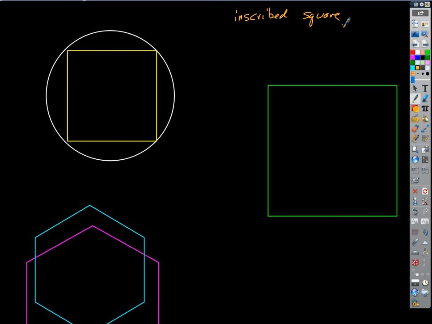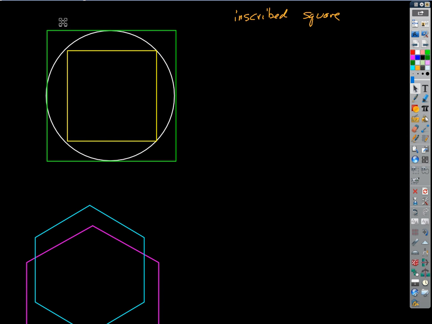So we're going to inflate a square from the inside until it bumps into the circle, right? And then we're also going to calculate the smallest circumscribed square. And somewhere in between is going to be the area of the circle, right?